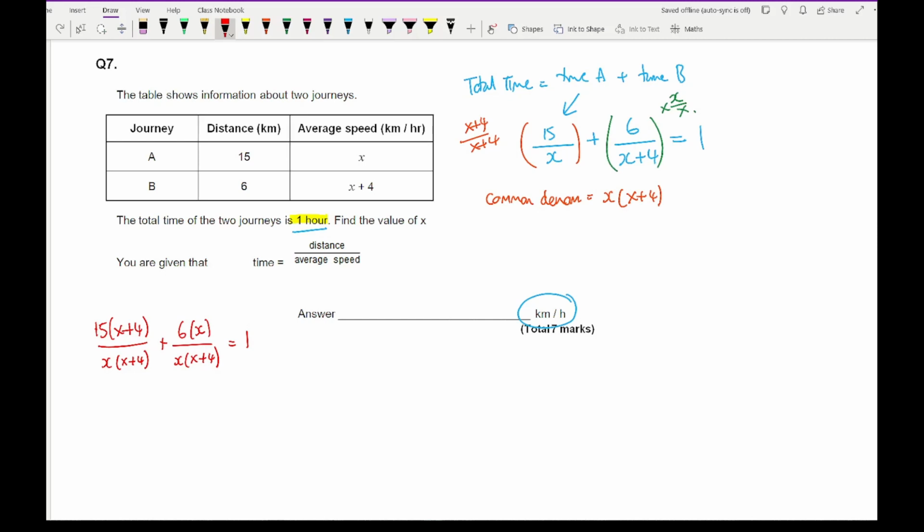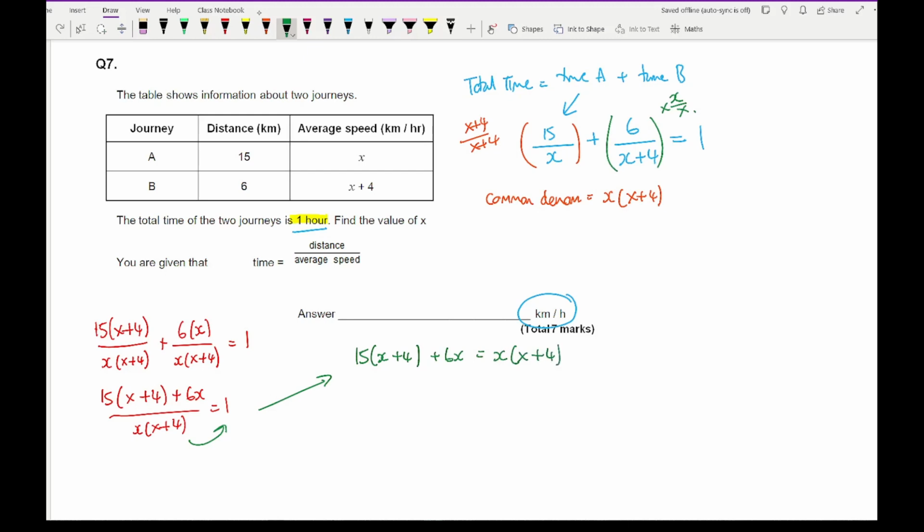So combining the numerators, the denominators together, I get 15 times x plus 4 plus 6x all over x plus 4 equals 1. Now if I take that denominator over to the other side by multiplying, then what I end up with is 15 times x plus 4 plus 6x equals x times x plus 4.